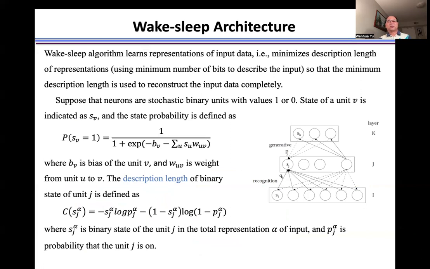Suppose that neurons are stochastic binary units with values 1 or 0.